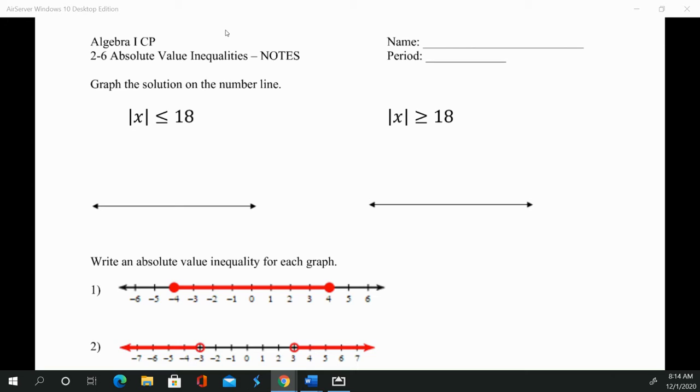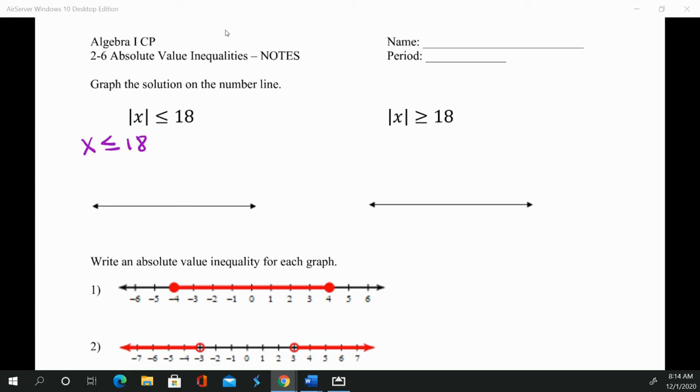So first off, if we want to graph the solution on a number line for the absolute value of x is less than or equal to 18, we want to say the absolute value of x can be less than or equal to 18.